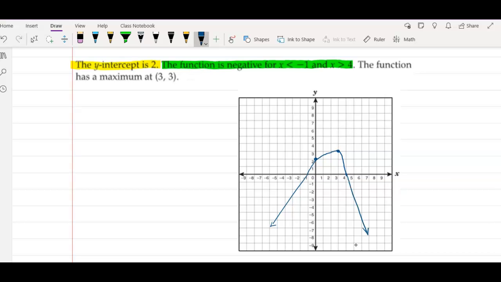We try to make it as smooth and continuous as possible. Does this satisfy all of the clues? The y-intercept is 2. It has a maximum at 3, 3. The function is negative when x is less than -1 and when x is greater than 4. So it satisfies all the clues.